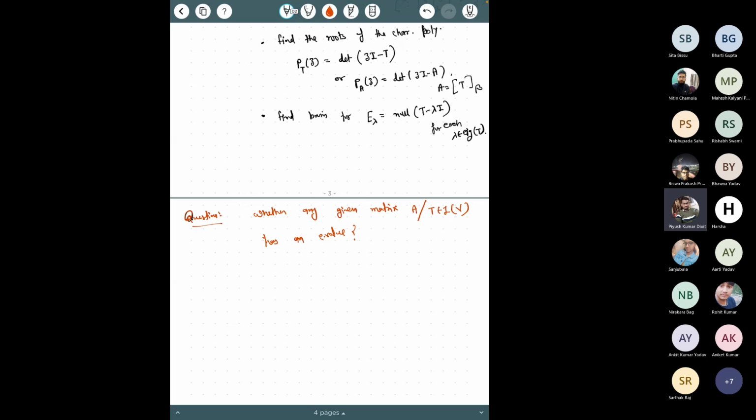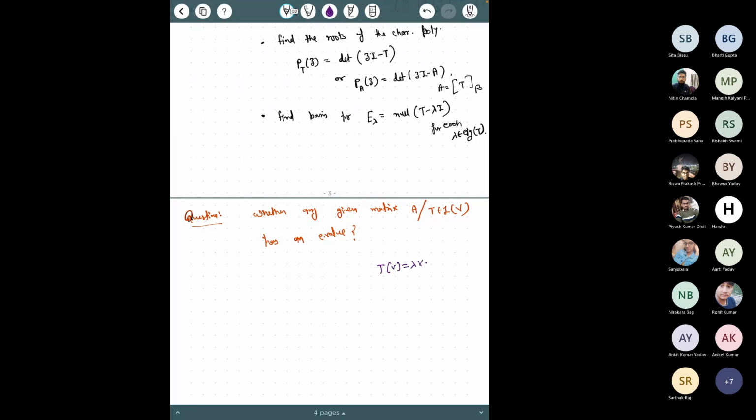Yes, I understand. If you look here, whenever you find eigenvalues, an eigenvalue by definition is something like this. So you can think about a rotation operator.